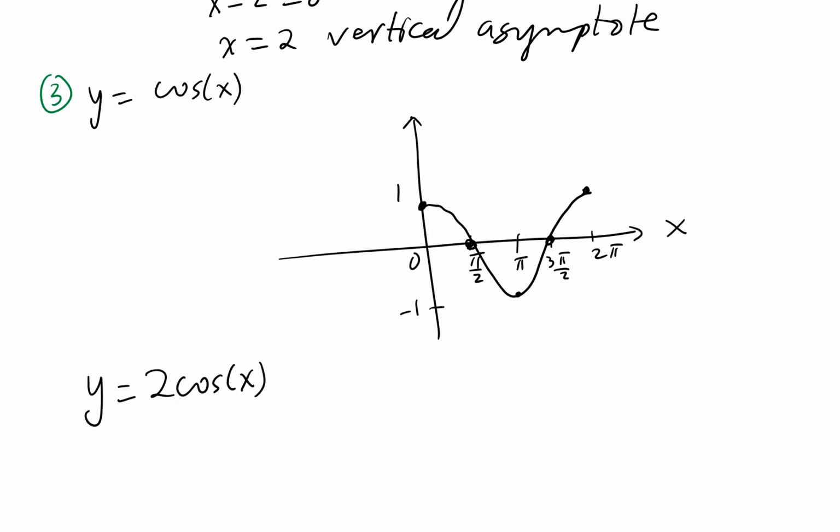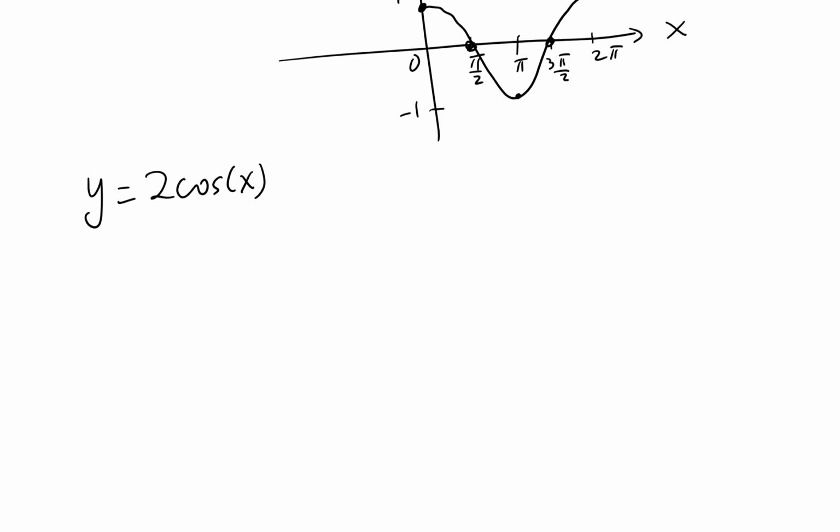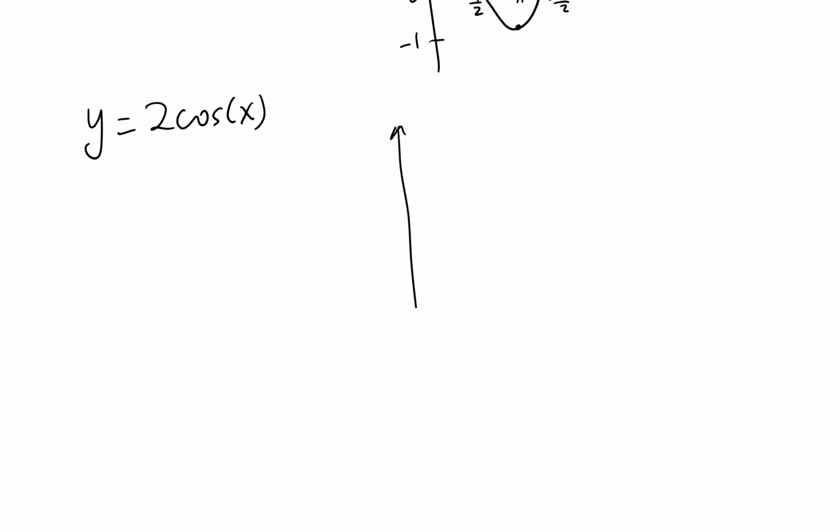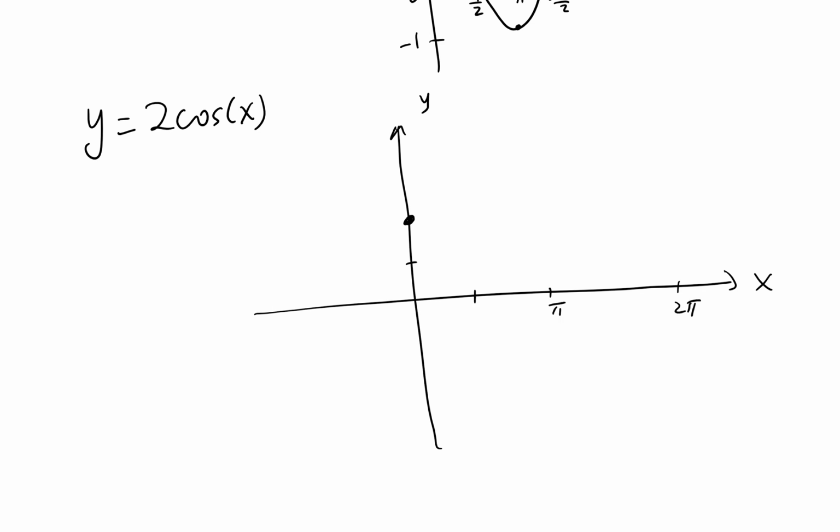What the 2 does is basically change the amplitude. The amplitude is going to become 2 instead of 1. So the graph would look like 2, and everything on the x-axis stays the same. That's going to go down to -2, 0, and then to 2. So that's the graph.